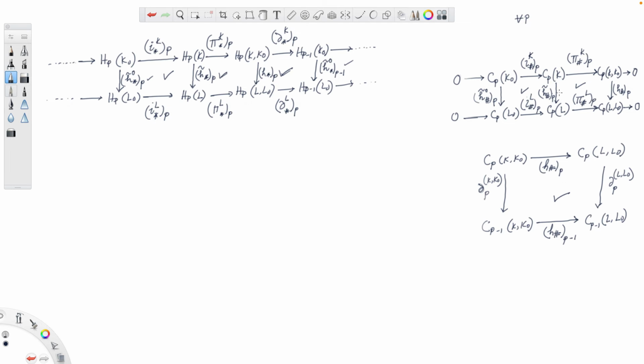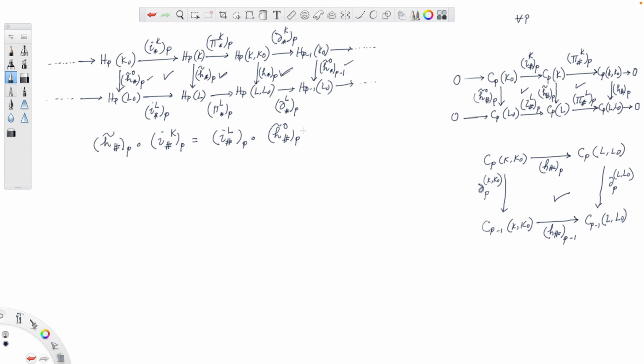From the commutativity of this diagram, we see that H hash at P composed with I hash K at P is equal to I hash L at P composed with H tilde 0 hash at P.